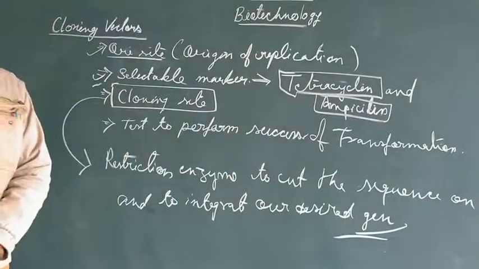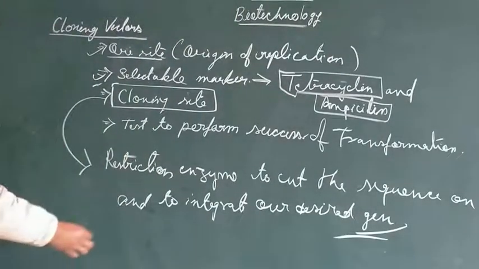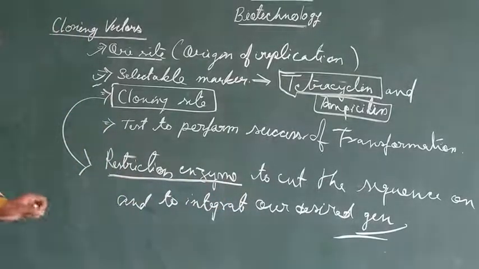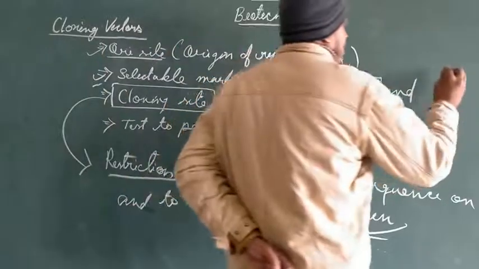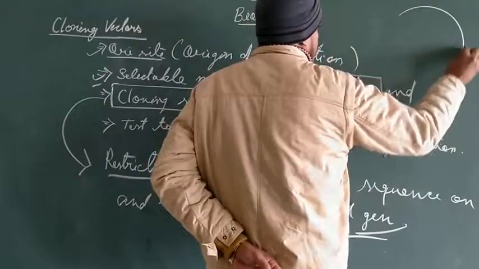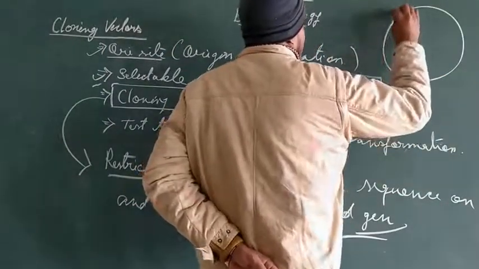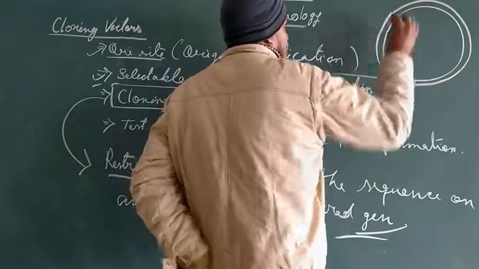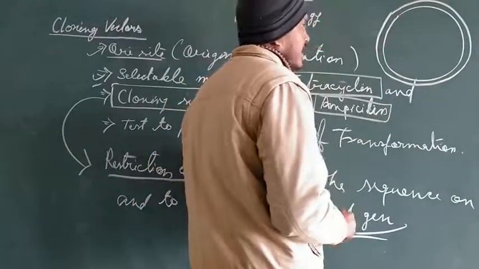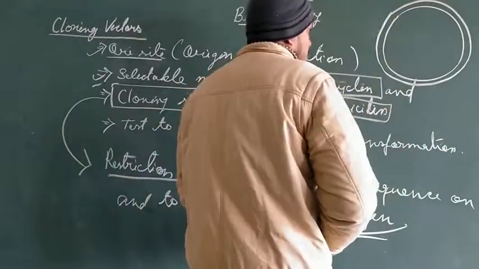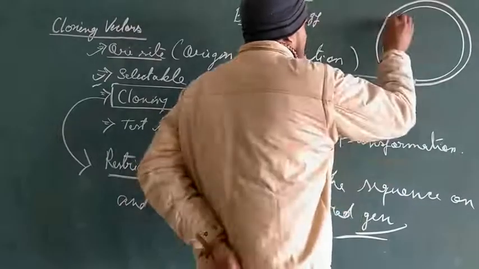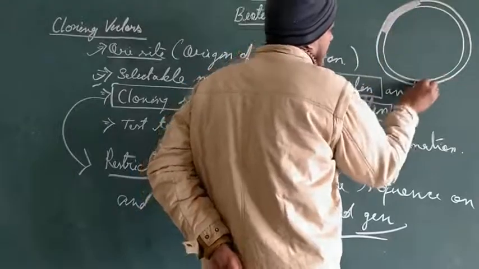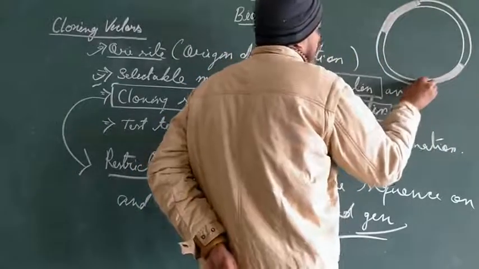Now, I told you that a restriction enzyme cuts in a particular region. In the case of pBR322, if you see the structure of the plasmid, it has resistance against two types of antibiotics: one is resistance for tetracycline and another is ampicillin.